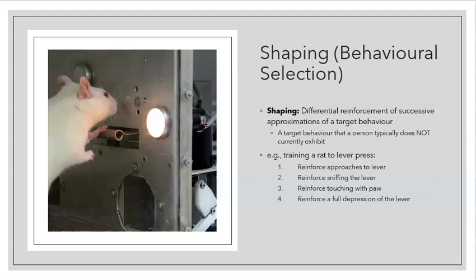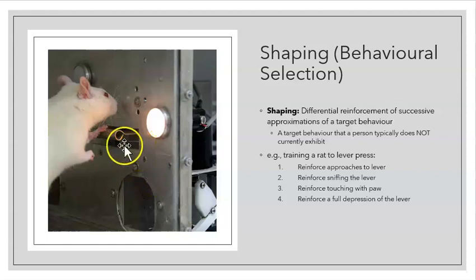And how we do that is by rewarding behavior first very generally, and then we slowly become more specific in the behavior that's reinforced. So a great example is training a rat to press a lever. At first, this is not a natural behavior that rats do.